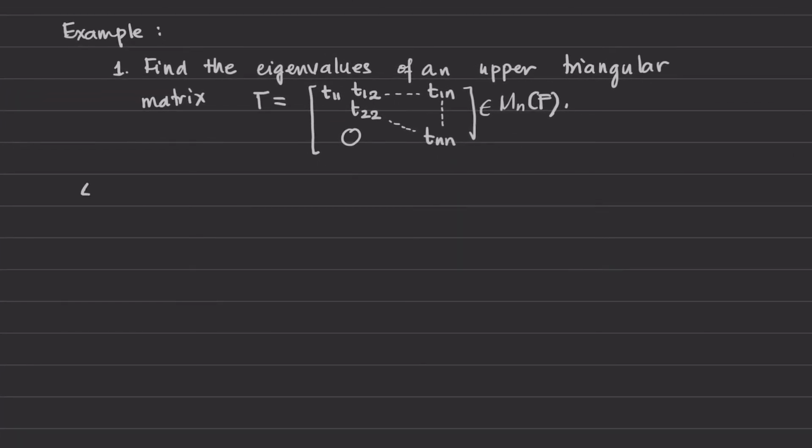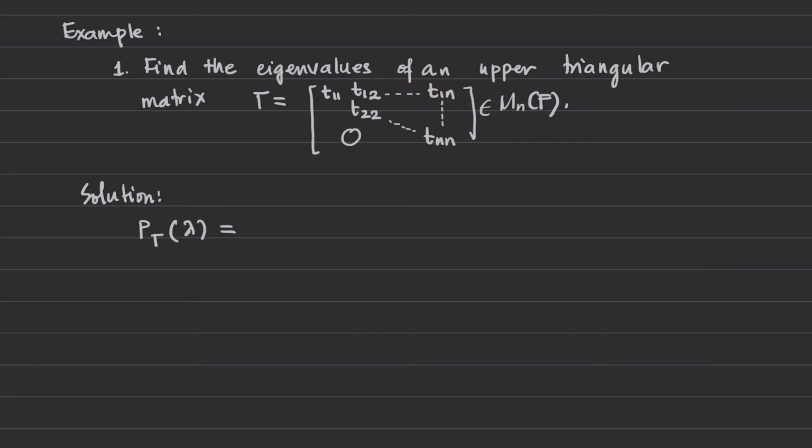So, gawin natin ito. So, find the eigenvalues of an upper triangular matrix T. Matrix mo na upper triangular is ganito yung itsura niya. Okay, 0 yung mga nandito, diagonal entries, T11, T22, up to TNN, if T is n by n. Tapos meron ka pang ibang mga numbers dyan. Pwedeng 0, pwedeng non-zero.